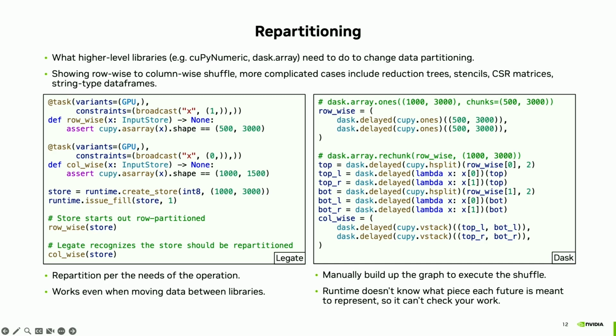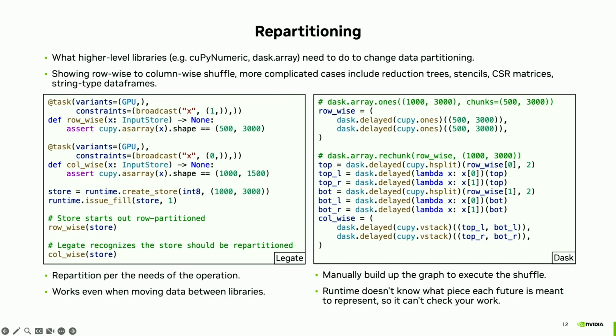Here I'm showing a toy example of a row-wise to column-wise shuffle, but you can imagine more complicated patterns that would require a similar shuffle, like a reduction tree, a stencil, or a sparse matrix representation where two arrays need to be partitioned and repartitioned in compatible ways.